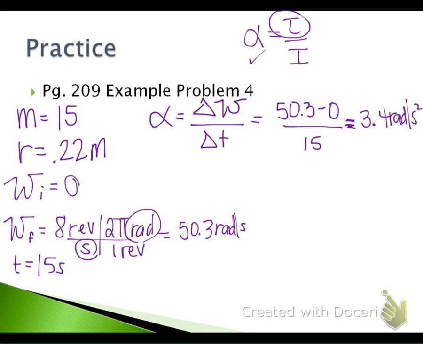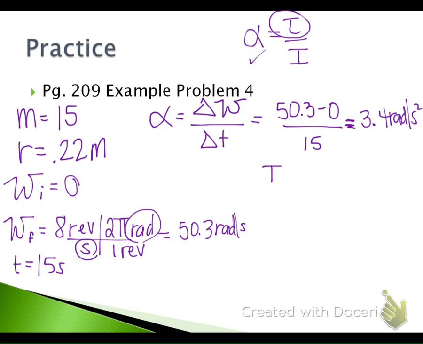So if we look at this particular object, what moment of inertia equation should we be using? We're going to use our second moment of inertia equation off our table.